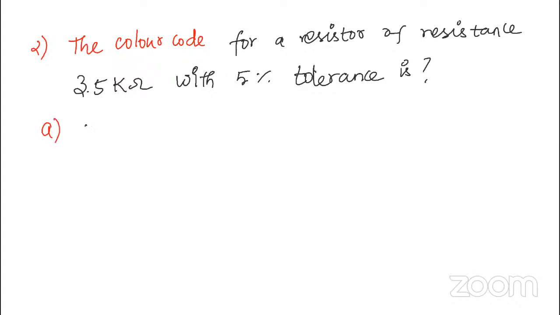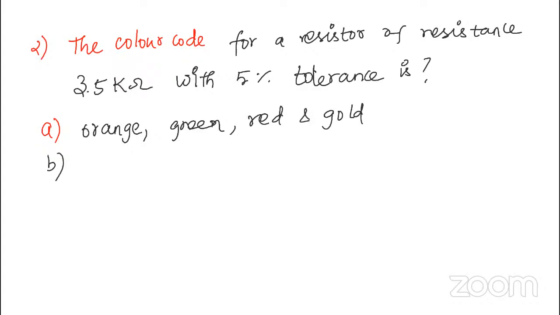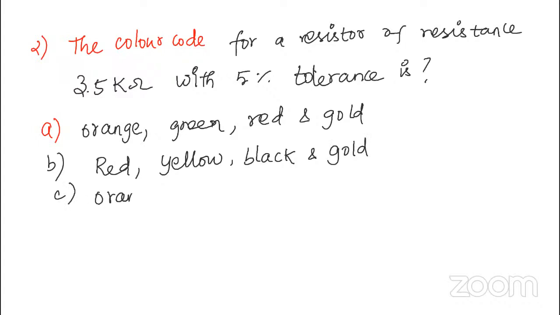Okay, they are given the colors, that is orange, green, red, and gold. And option B, it is red, yellow, black, and gold. And C, it is orange, green, orange, and silver.